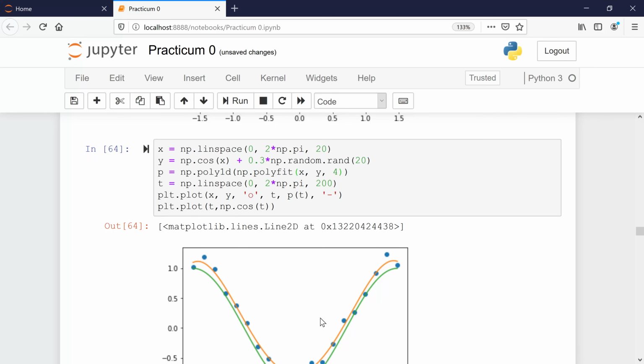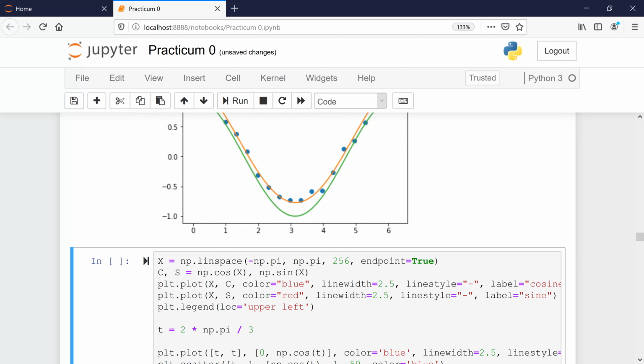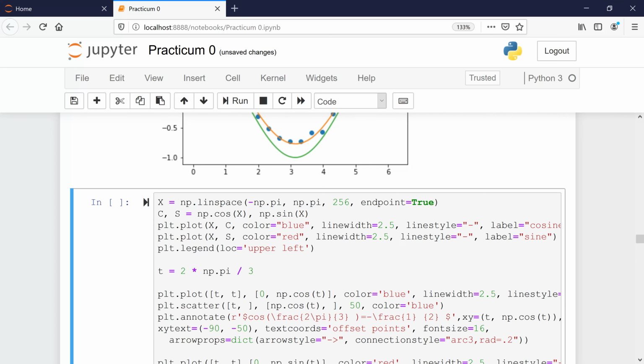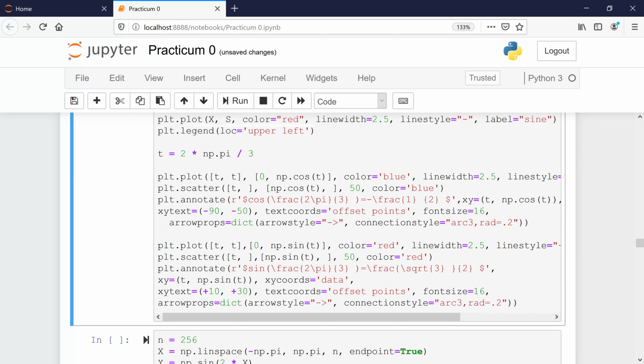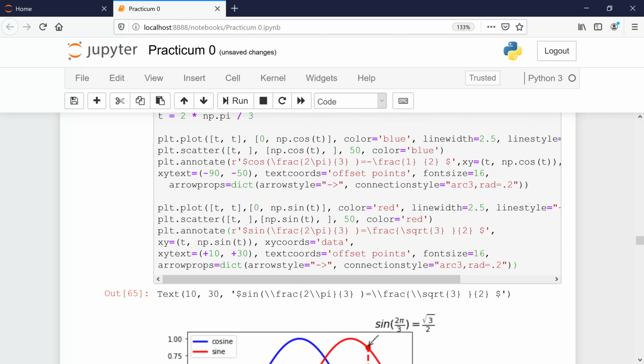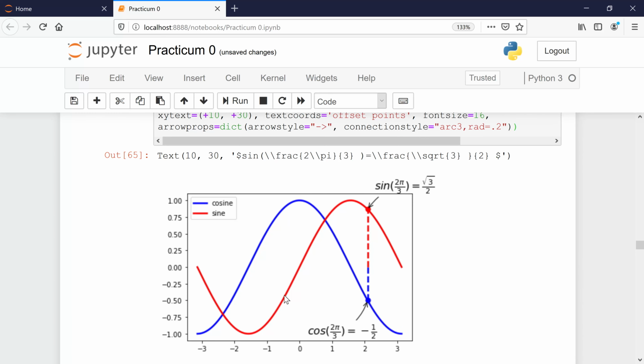Now, as I said, you can annotate your plot. You can change the colors, the line width, the line style. You can put labels and a legend. This example I also took from the SciPy lectures. You get cosine and sine with a legend, with two different curves in different colors, and then an annotation.